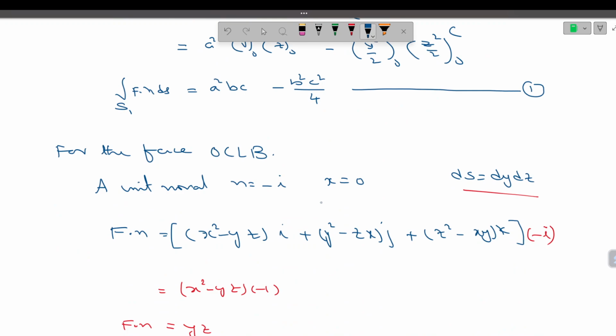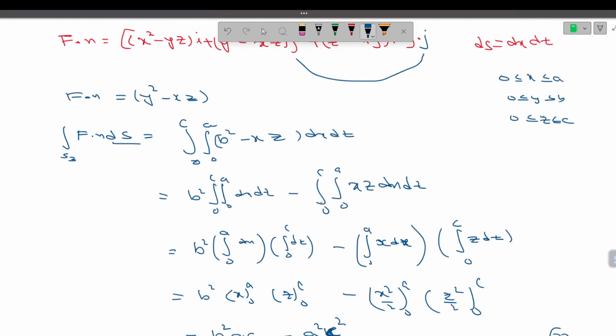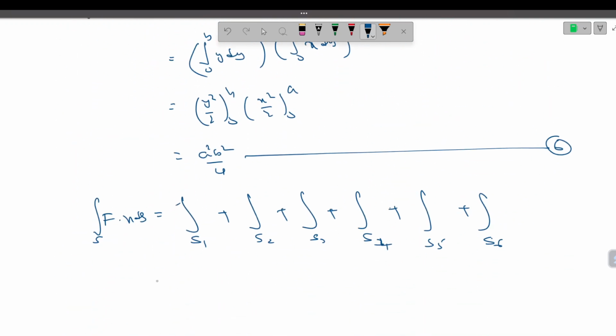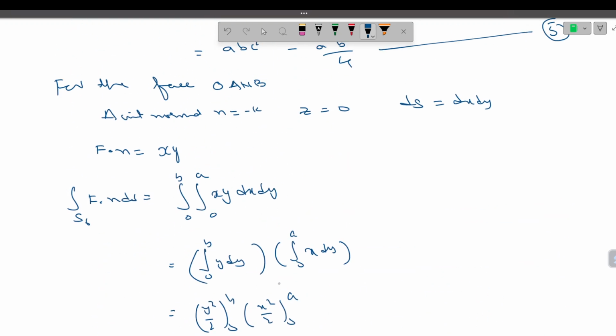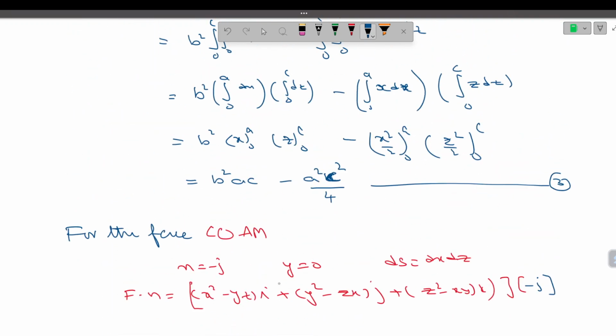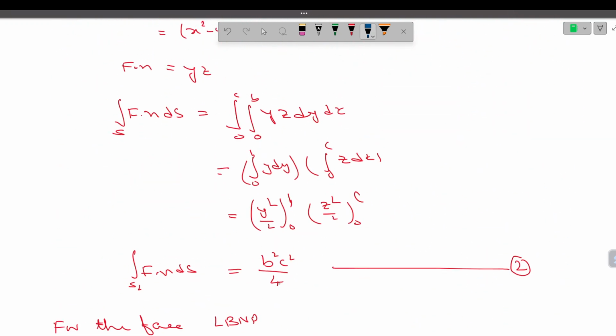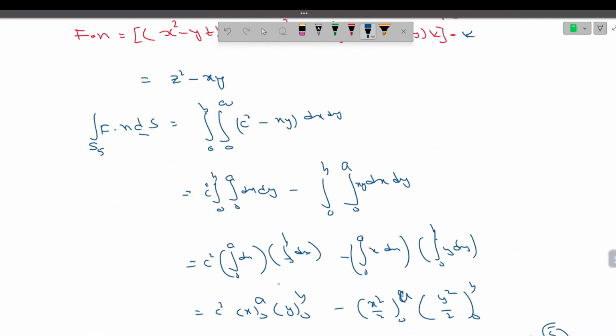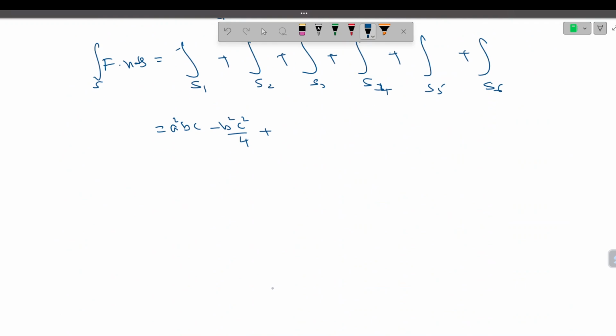Plus S2: what is S2? b square c square by 4, plus b square c square by 4. S1, S2 we have done.